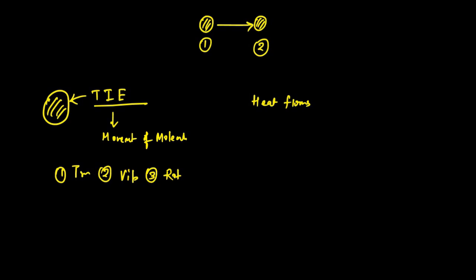And what determines the direction of heat flow? That is temperature. Heat always flows from a body at a higher temperature to a body at a lower temperature, till both of them are at the same temperature, which is called thermal equilibrium.